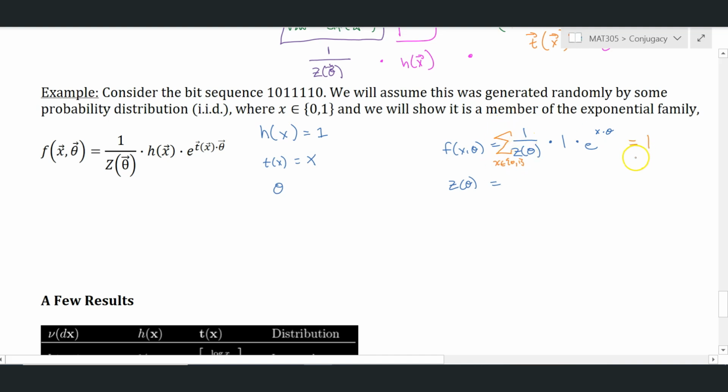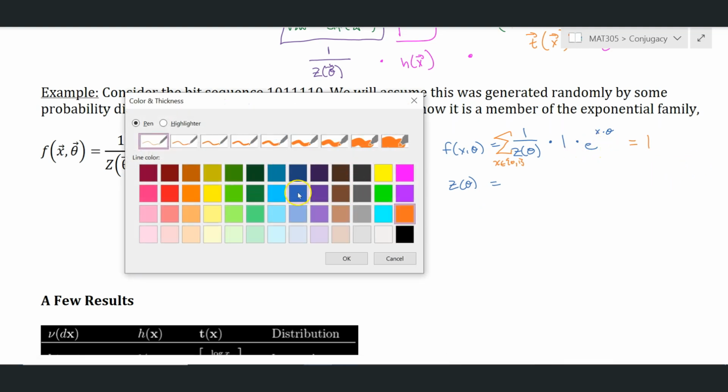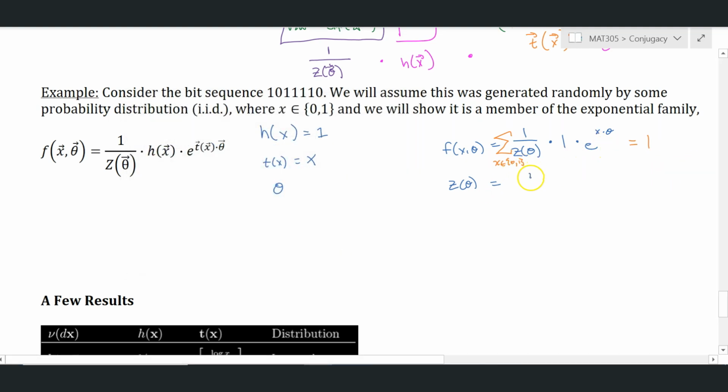Then if you multiply z of theta, because it doesn't depend upon x, you can factor it out of the sum and multiply both sides by z of theta, which will give us z of theta on the right, which I'll go ahead and write over here on the left, equals the sum for x in the set {0, 1} of e to the theta x.